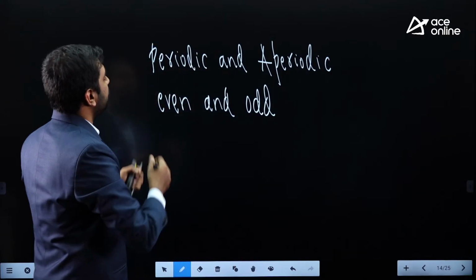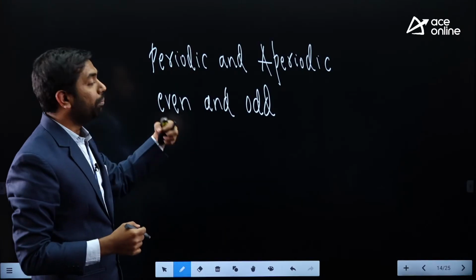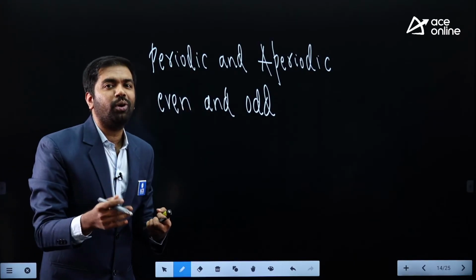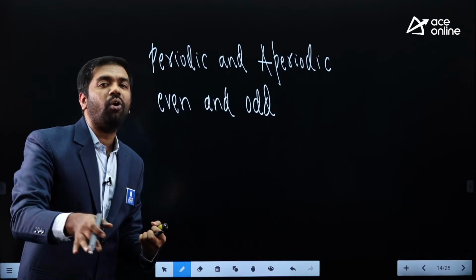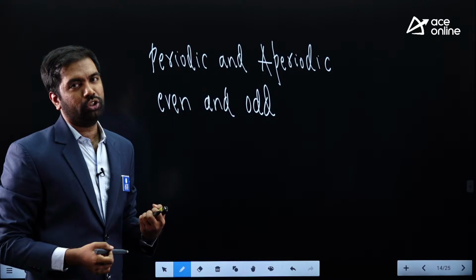You can even extend this even and odd for complex valued signals, and that will be called even conjugate and odd conjugate. So you have to learn about what is even conjugate and odd conjugate.